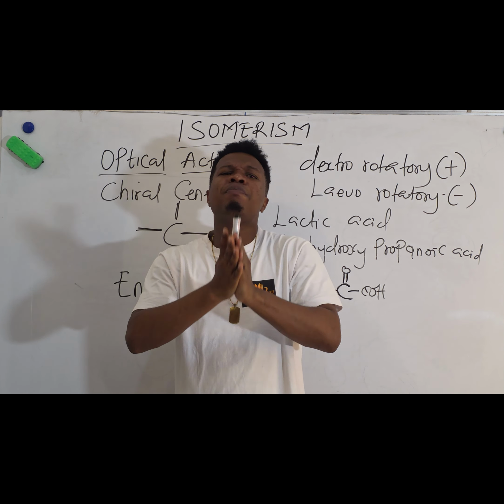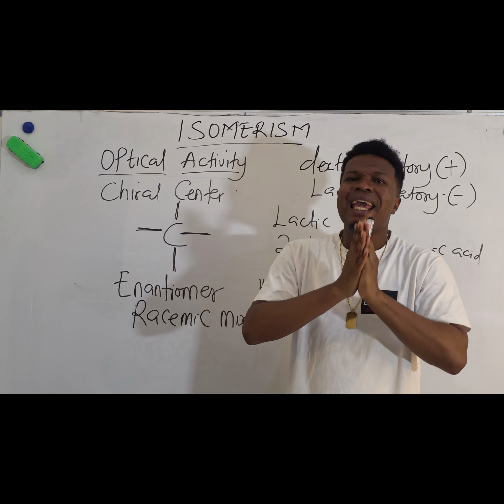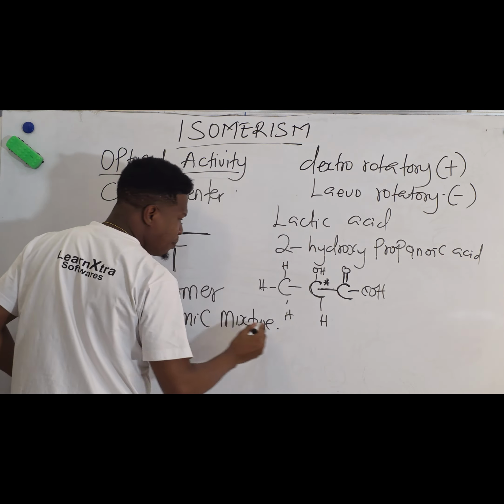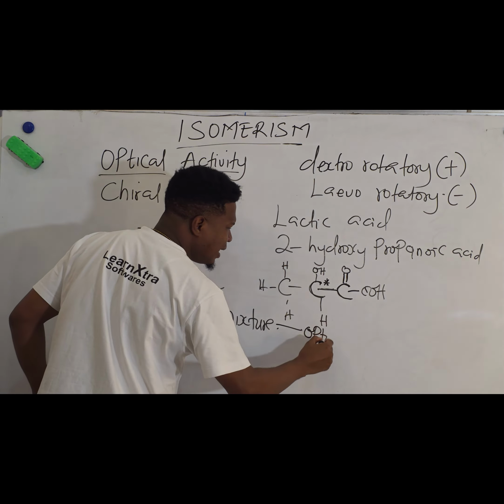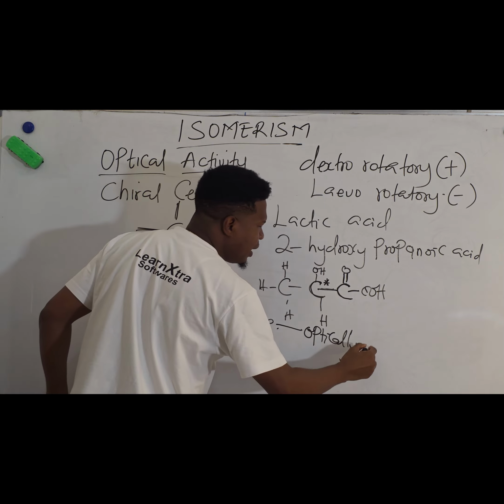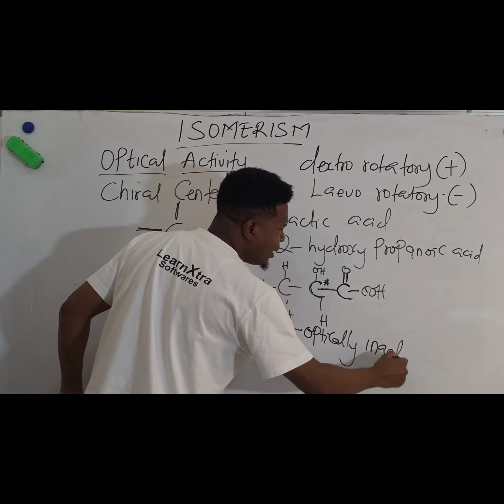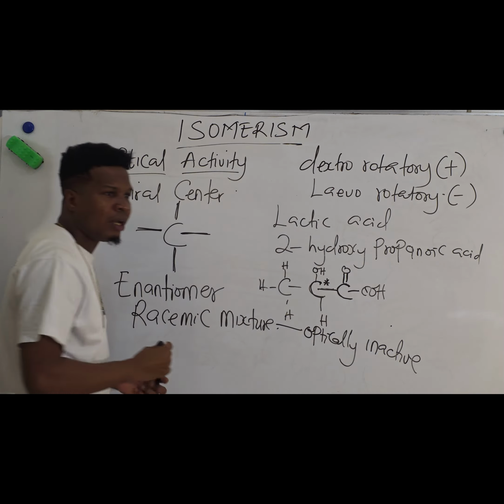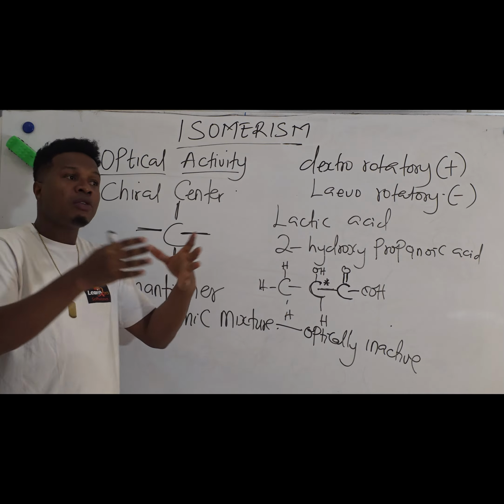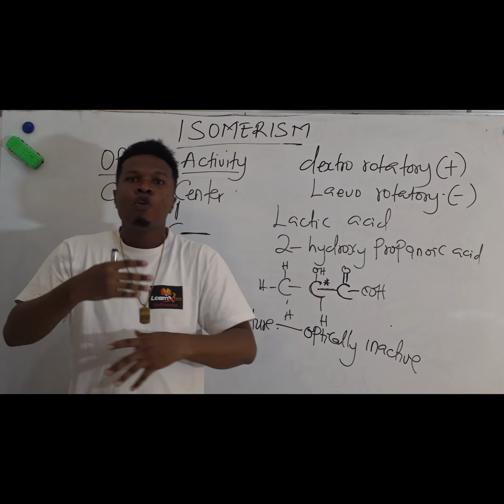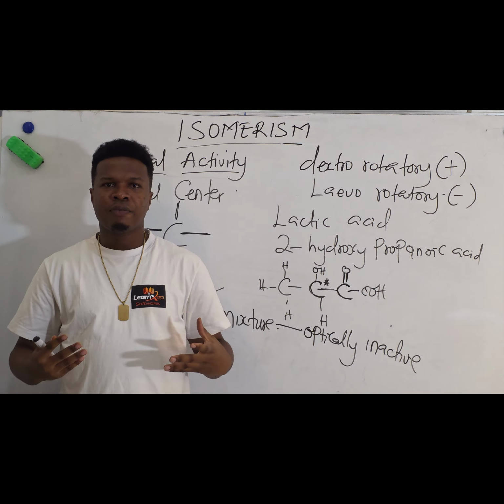And this racemic mixture is optically inactive because they will cancel out. Their optical activity will cancel out because we are joining 2 enantiomers together. And once they come together, those optical activity will cancel out.